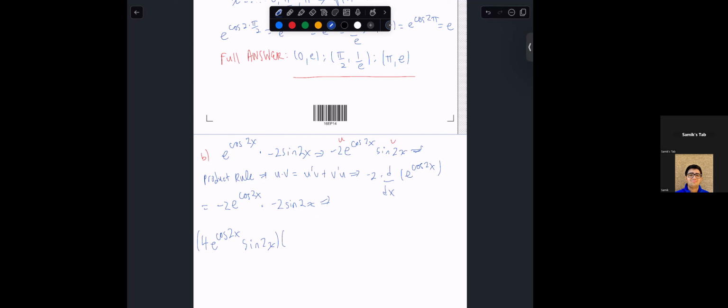And then using our formula, just follow the formula. v is sine 2x, put sine 2x. Then we do v dash. V dash is very easy. It's just again chain rule. So sine 2x means cos 2x, and then the derivative of 2x is 2. So 2 cos 2x, into our u, and that u is minus 2e raised to cos 2x.